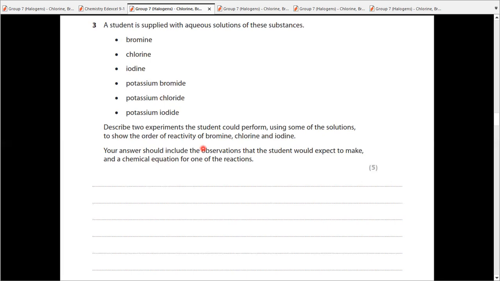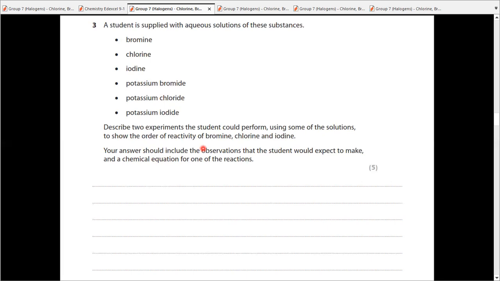We just wrote the equation in the previous question. Right. What else? And then it could also form iodine, not to forget.